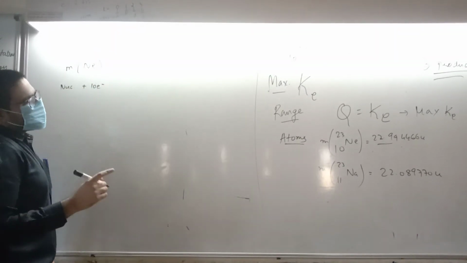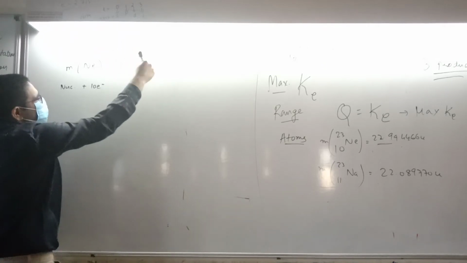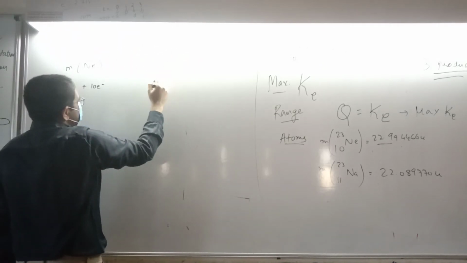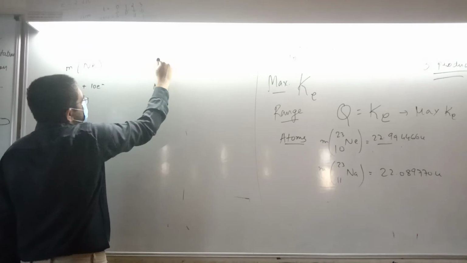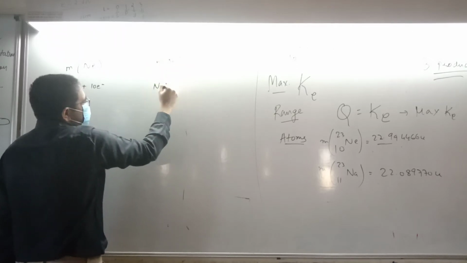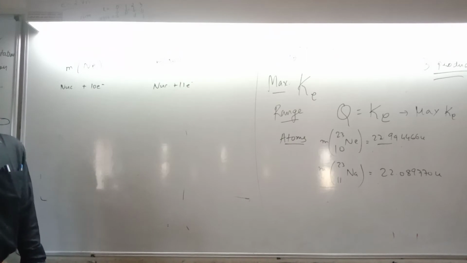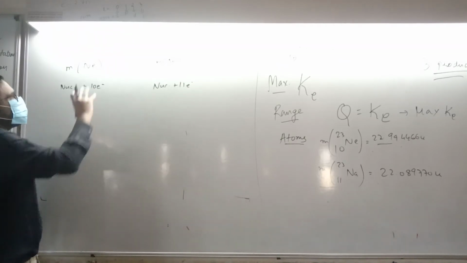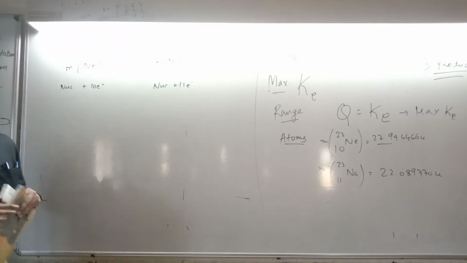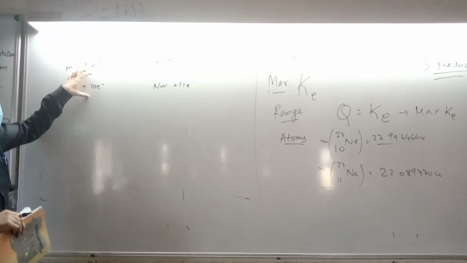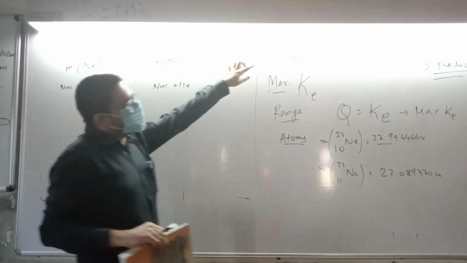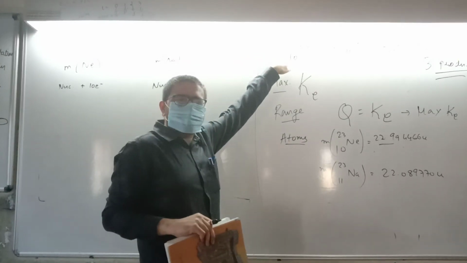But on the other side, when you write mass of sodium, you're going to write mass of nucleus plus 11 electrons, correct? So over here on the reactant side, this only has 10 electrons. Do you agree with me?